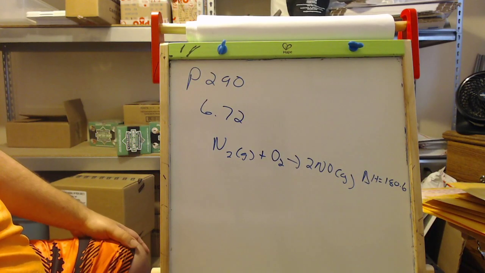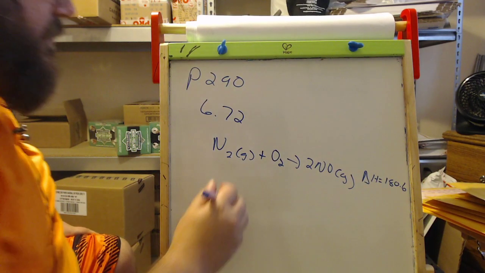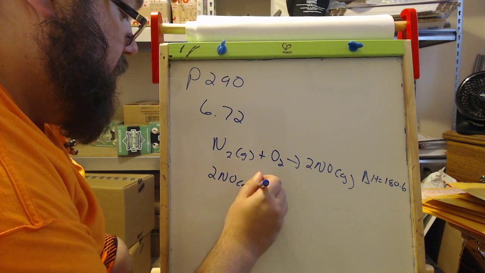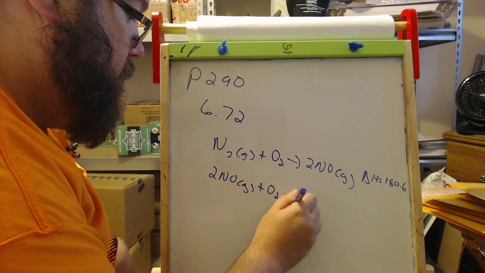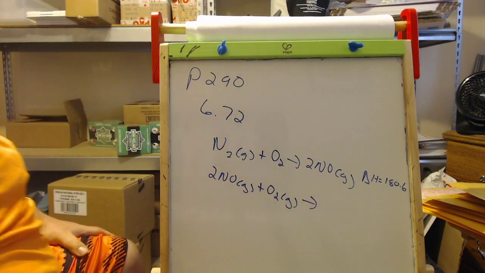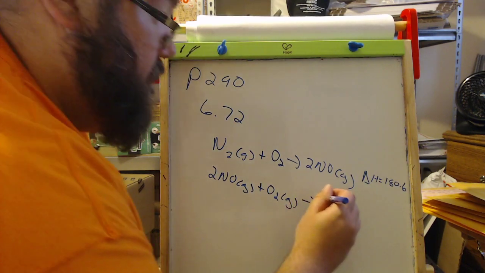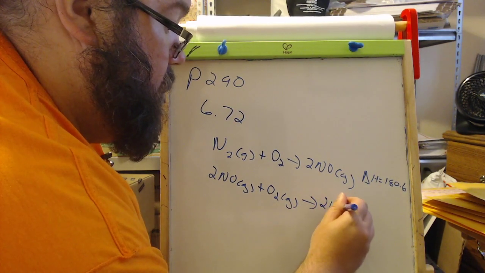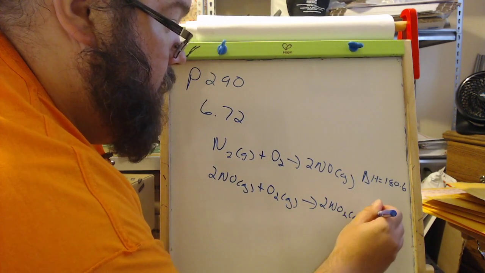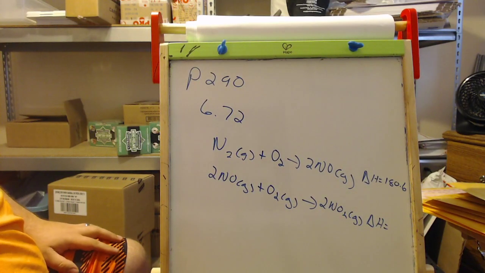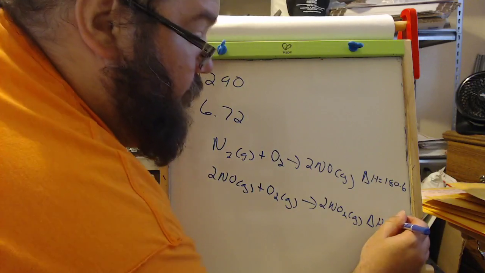Then it says 2NO gas plus O2 gas yields 2NO2 gas. And they give you a delta H for that one: negative 114.2.